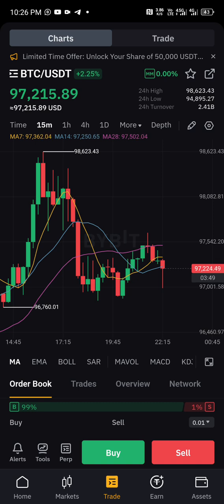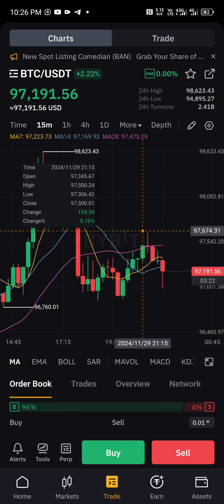Even if it goes down, you just let it be. You wait carefully for it to come back up, then you can sell for profit. But since it's a long-time investment, just purchase it there and let it be.